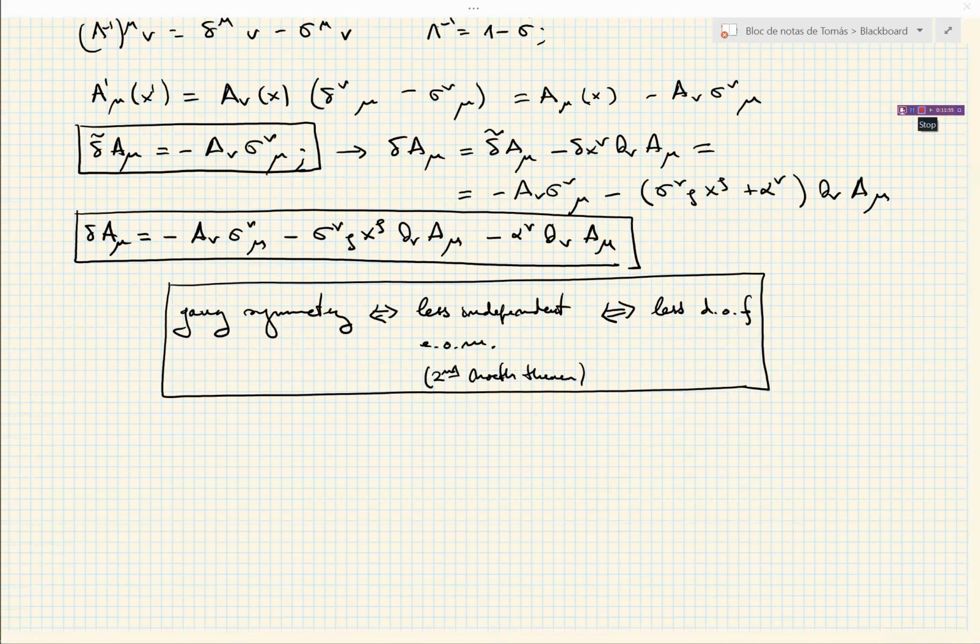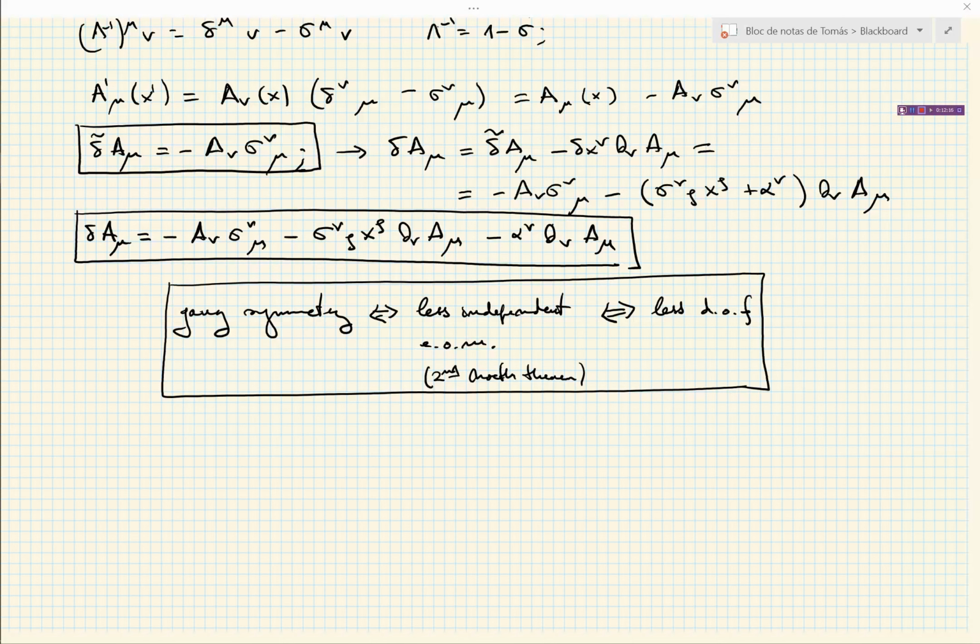Now, instead of inventing gauge symmetry from somewhere, we remember that the vector field, that we know so very well, is the Maxwell field. The Maxwell field describes photons, and it does it very well. And we are going to see that it has some gauge symmetry.